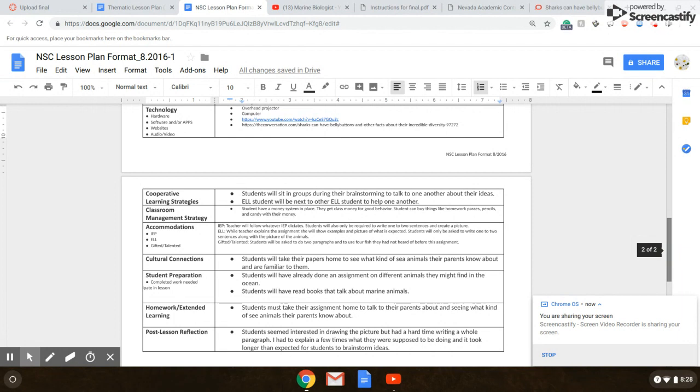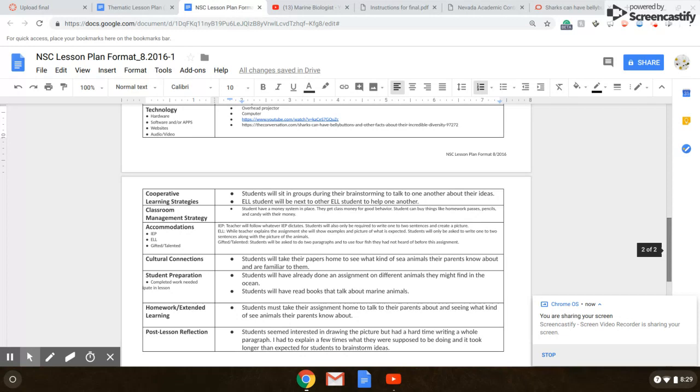I want them to take them home and talk to their parents about marine life or marine animals that might be more recognizable to them, because I found that in different cultures, different marine life is a little bit more recognizable, depending on where you live, obviously.